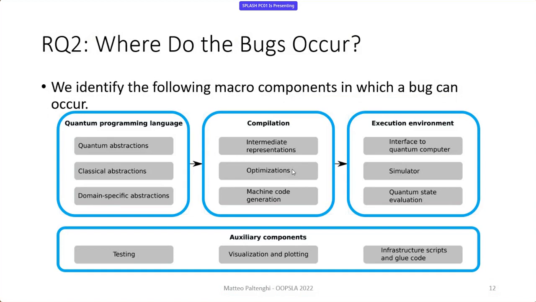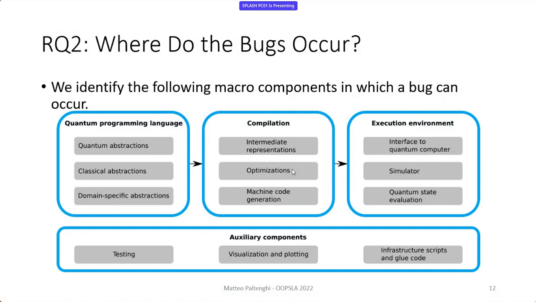Second, there could be a simulator inside this platform, which is used to run this program. And third, whenever we want to perform some measurement, or in other words, quantum state evaluation, we have this other category. This is, for example, to calibrate the measurement. There are some procedures inside this platform which are devoted to this.